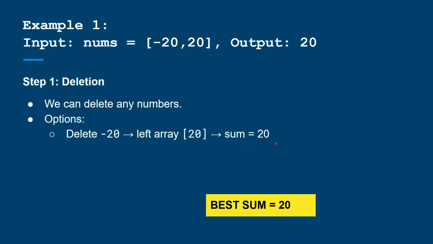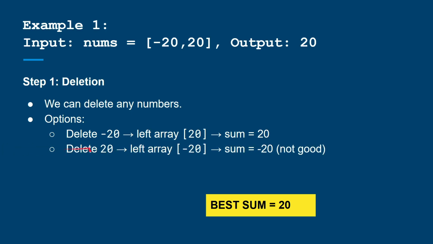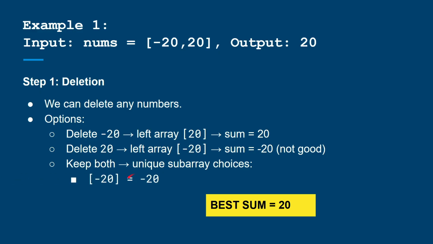Option two: if we delete 20, the sum becomes minus 20, which is not good. If we keep both as the unique subarray choices, the sum is 0. So you can see which is the maximum value.